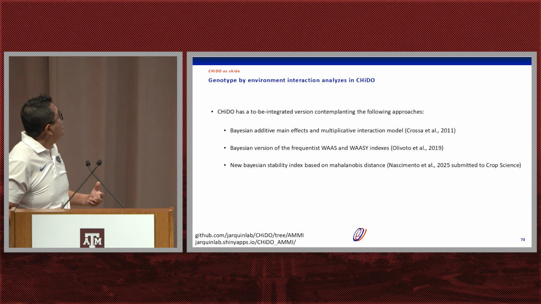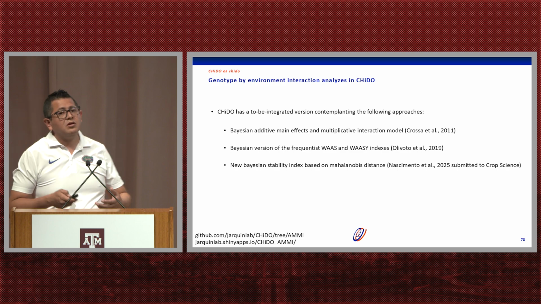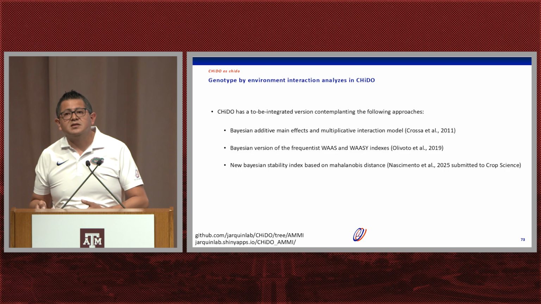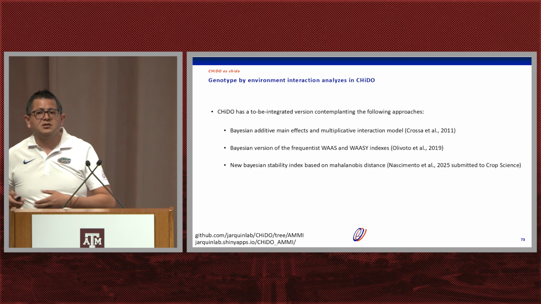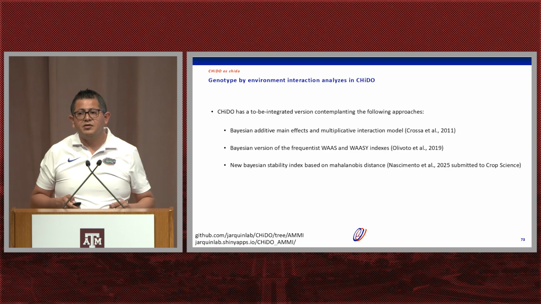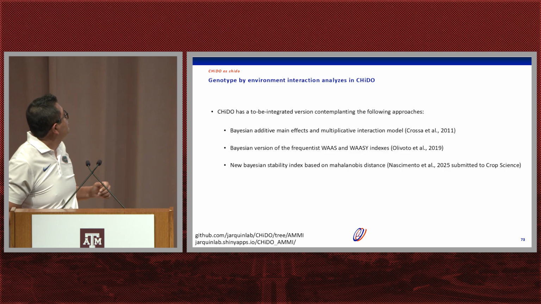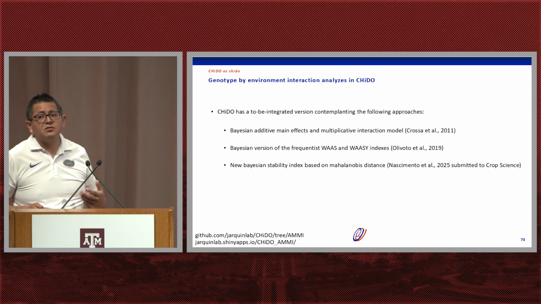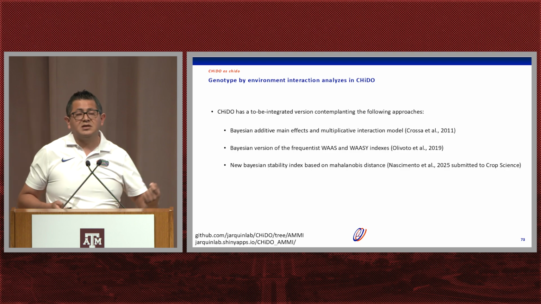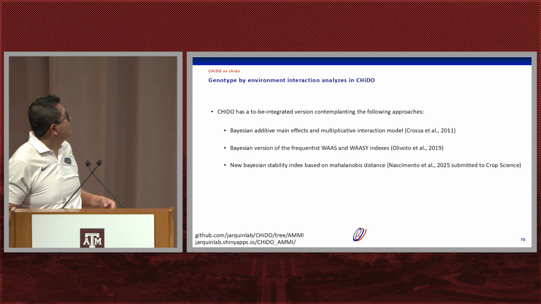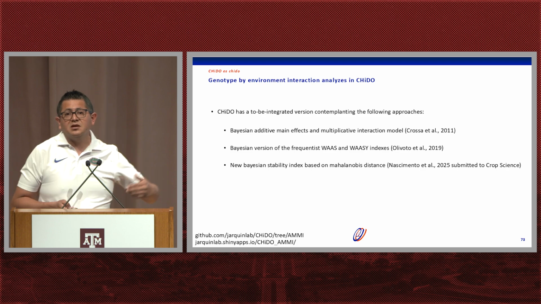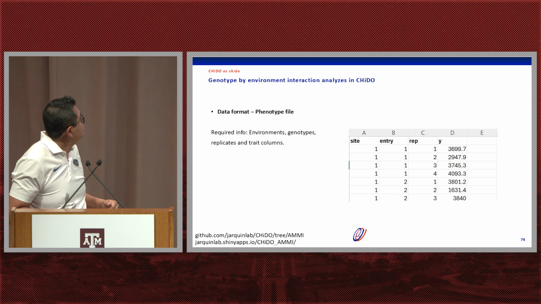And then other authors later on developed other metrics in the frequentist approach, and later on they used the Bayesian approach to enrich the results. We have some frequentist approaches like WAAS and WAASB index, where they take into account the performance and the stability, and more recently, a stability index based on the Mahalanobis distance. It's a paper that is going to be submitted soon.